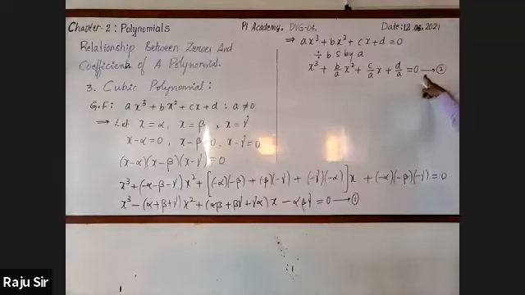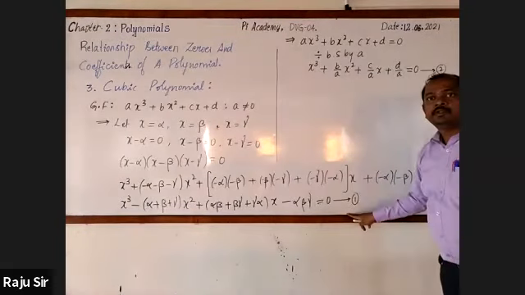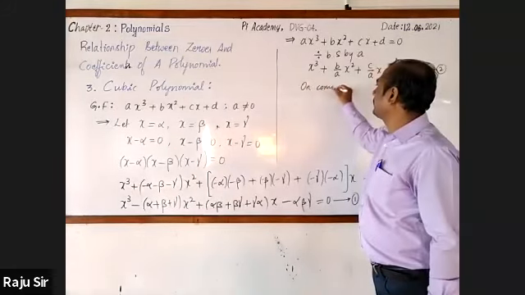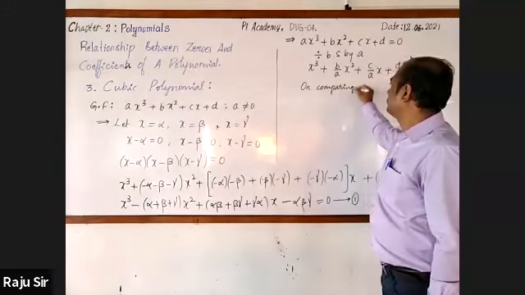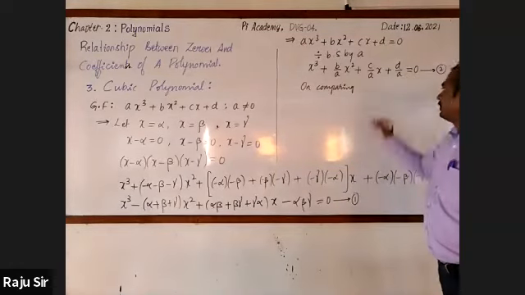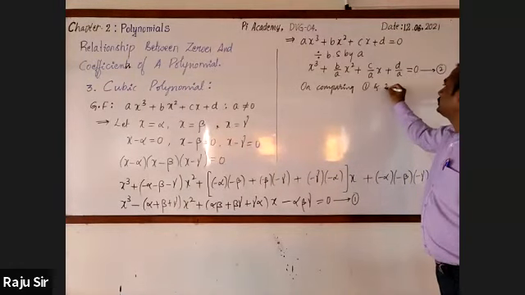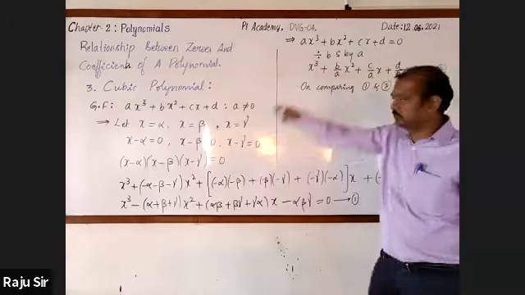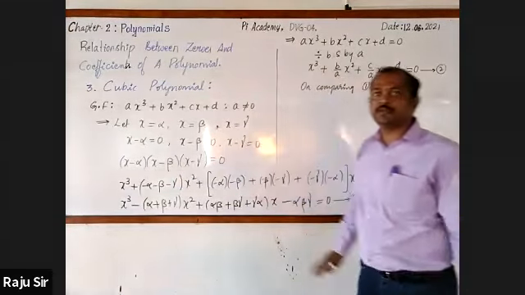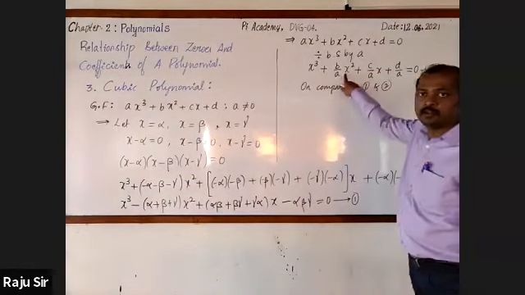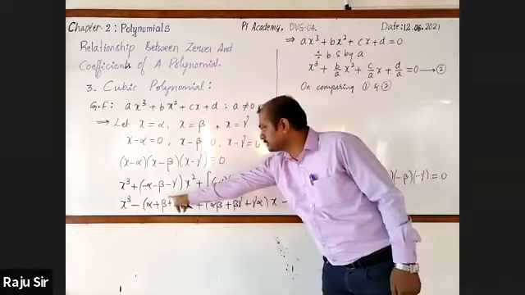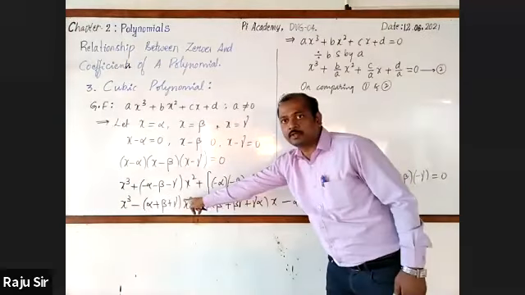Now let us go for comparing the coefficients with respect to equation 1 and 2. On comparing 1 and 2, coefficient of x cube is 1. There is also 1. No need to go for taking. Let us compare the coefficient of x square.